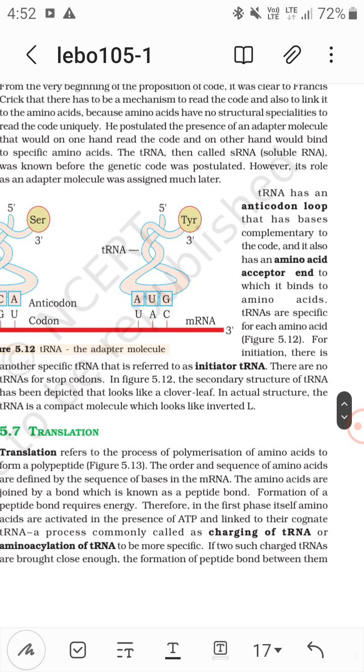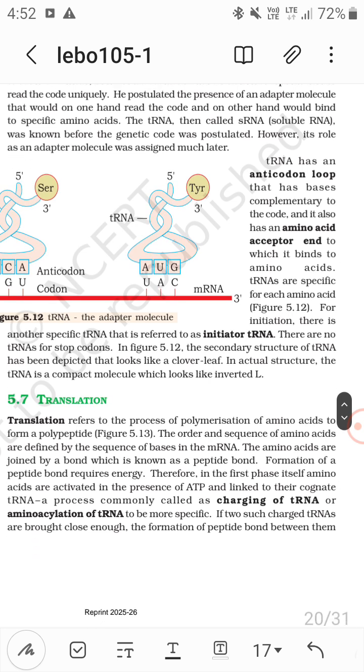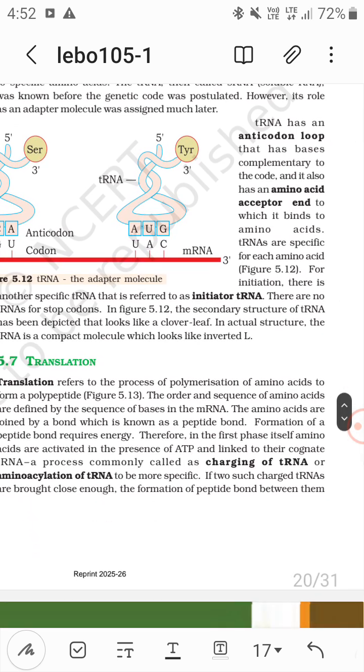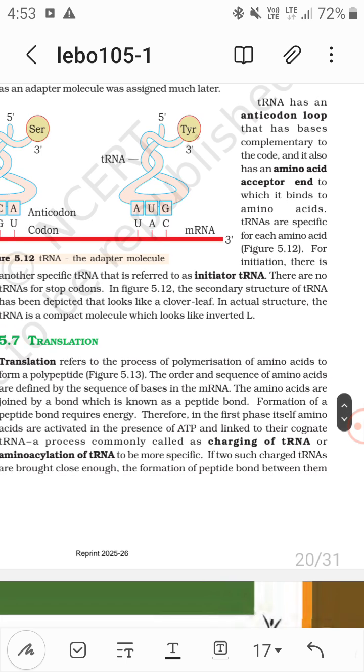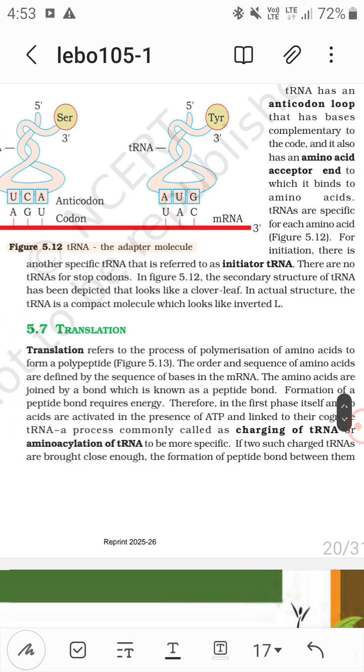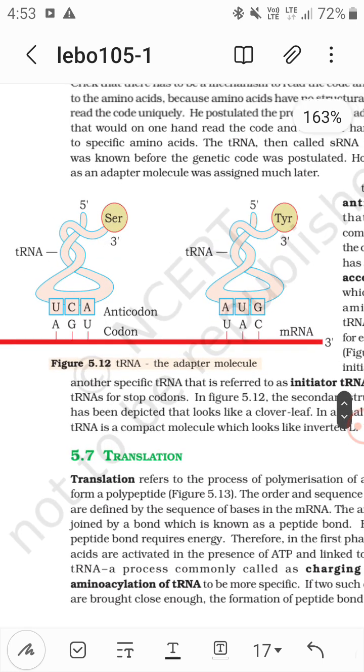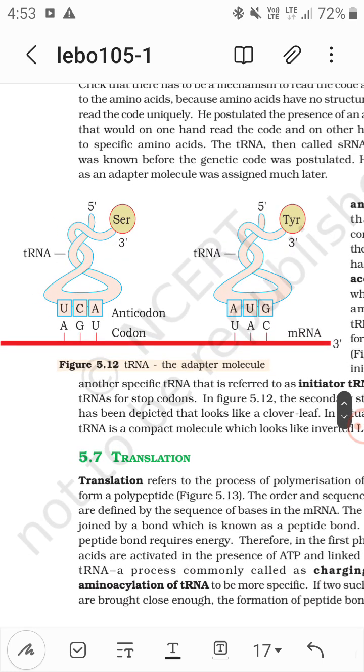It has an anticodon loop that has bases complementary to the codon on mRNA, and an amino acid acceptor end, CCA, to which amino acids bind. tRNAs are specific for each amino acid, and for initiation there is an initiator tRNA. There are no tRNAs for stop codons. The secondary structure of tRNA is clover leaf, and the actual structure is inverted L.